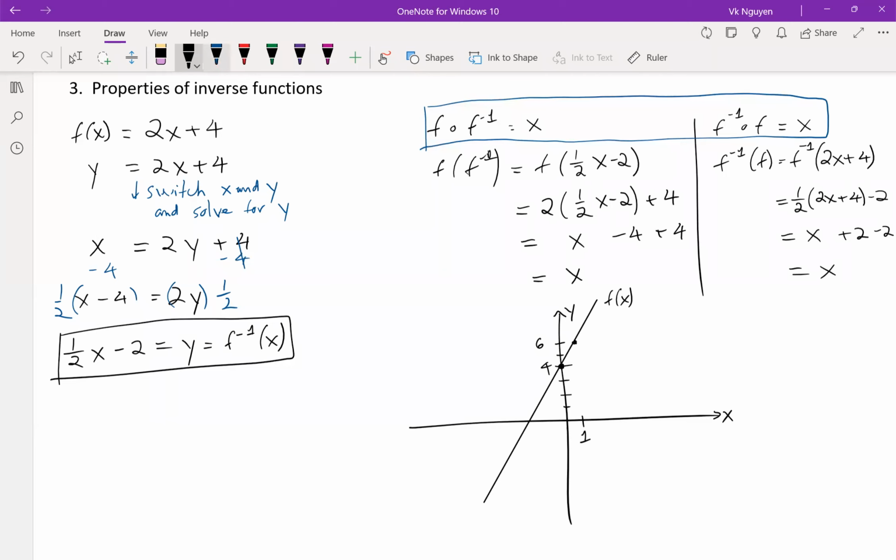F inverse x, that's y-intercept negative 2. Slope is 1/2, so go up 1, to the right by 2. Let's take a look.